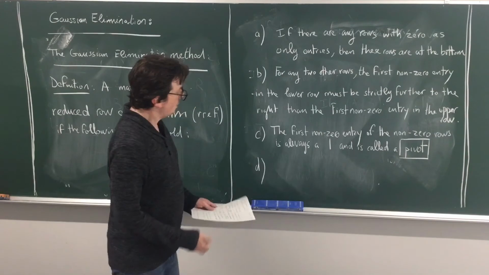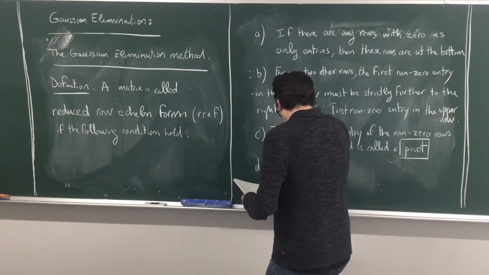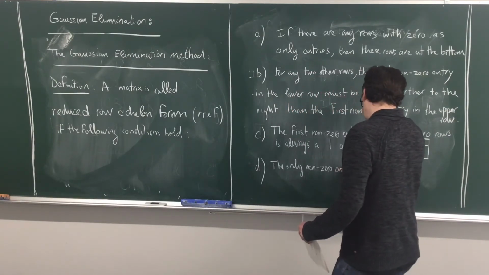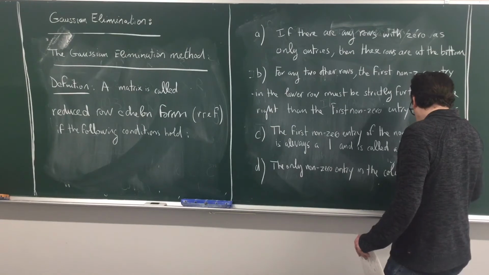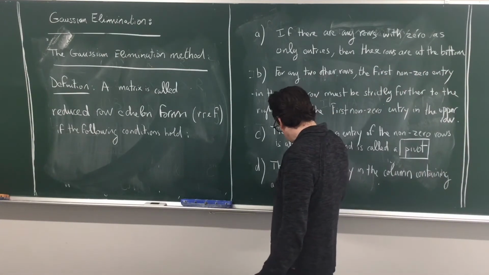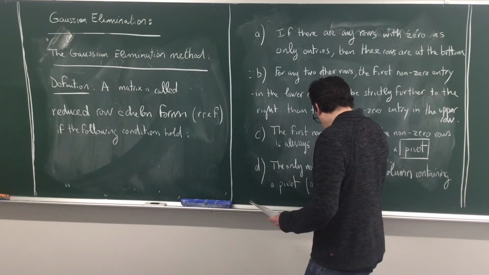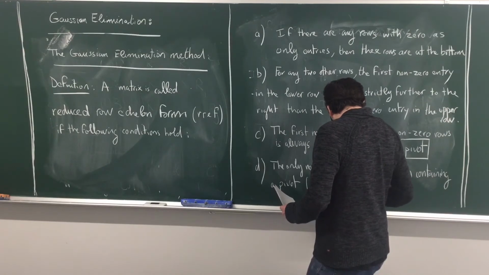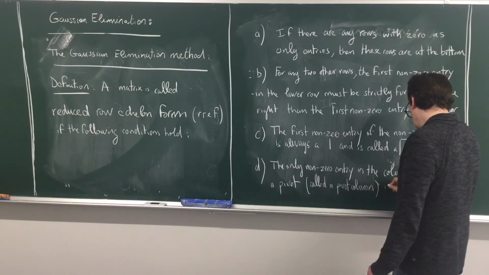Finally, the last condition: the only non-zero entry in the column containing a pivot, which will be called a pivot column, is the pivot itself.